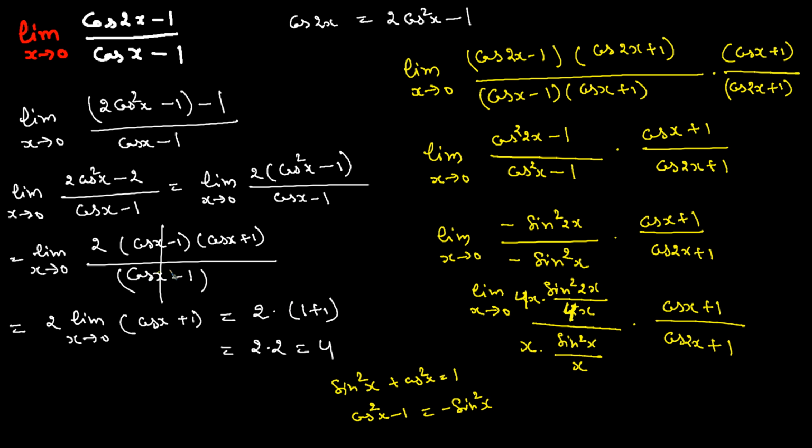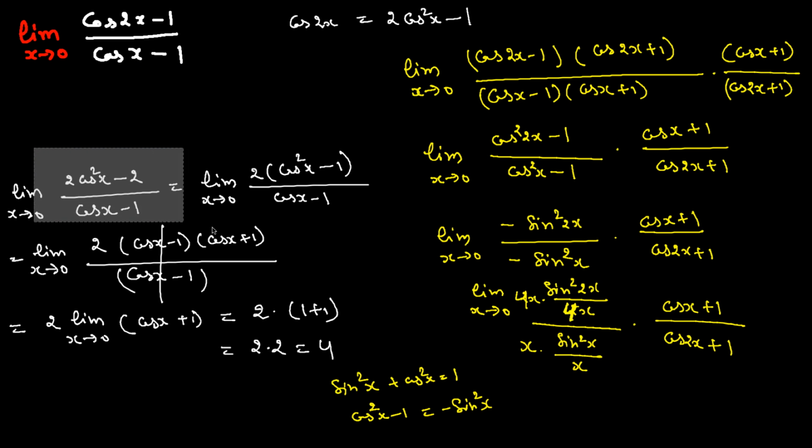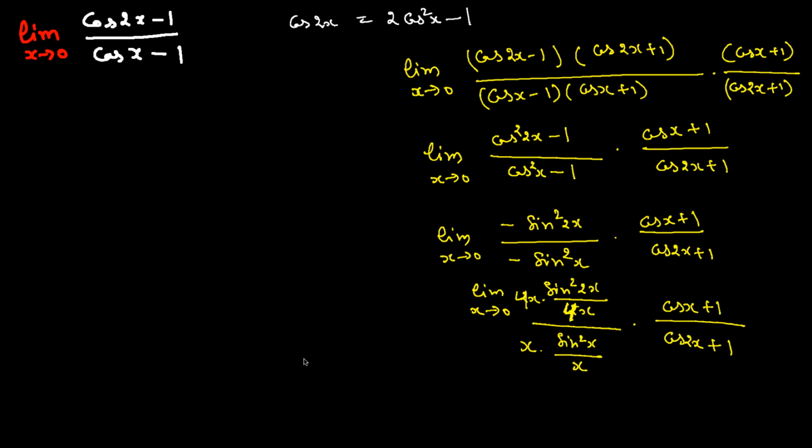Let me find some space over here to solve it further. You'll get the same answer. Okay, so I'll show you why I did that. 4x. So limit x approaches 0.